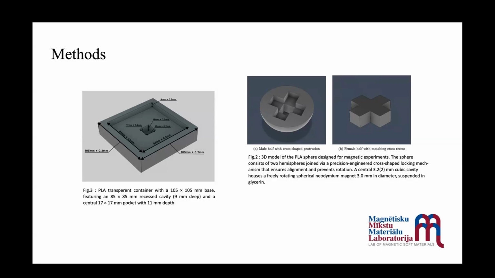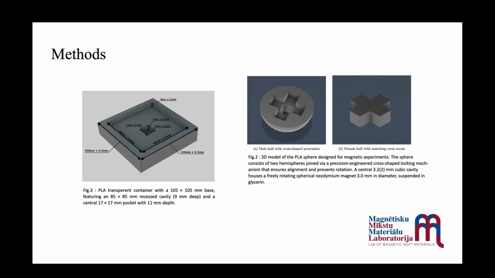And in figure 3, you can observe our developed cavity to place the magnetical particle directly inside the center of the Helmholtz coil system and ensure that it does not change its position, as well as this container is filled with glycerin.